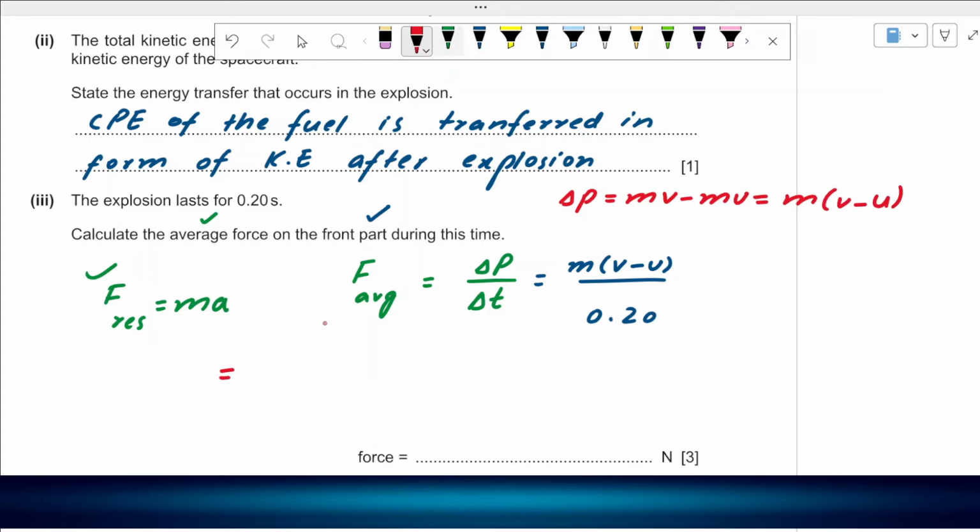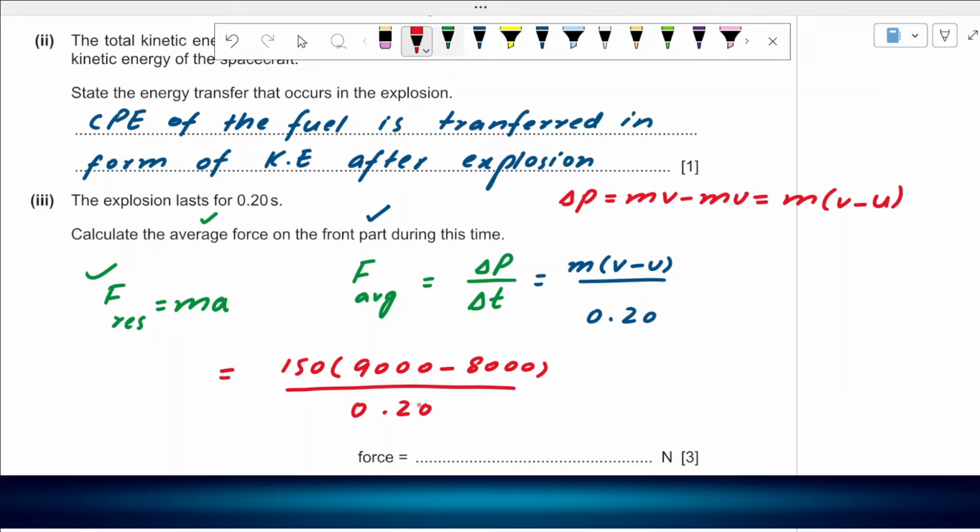So what was the mass of the front part? Well, the mass of the front part was 150. What was the final speed? 9,000. What was the initial speed? 8,000, divided by what is the time of collision, or should I say the time of explosion? It is 0.20.